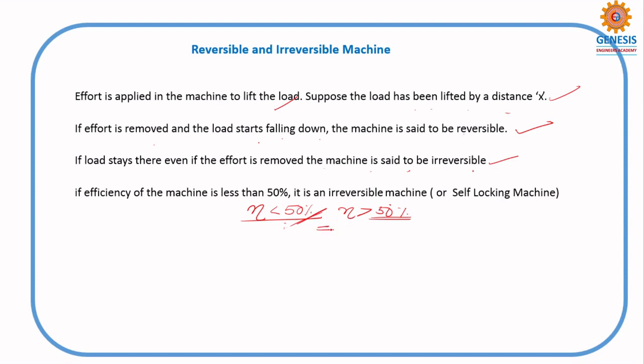What about equal? Equal means in transition, so don't consider that one; even equal is treated as the less-than case. If it is more than that, then it is reversible. So the efficiency must be lesser if it is to be self-locking or irreversible.